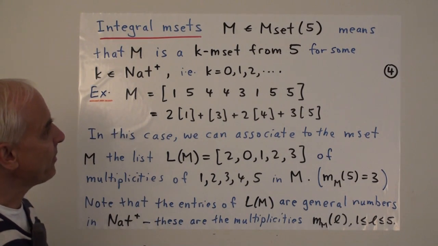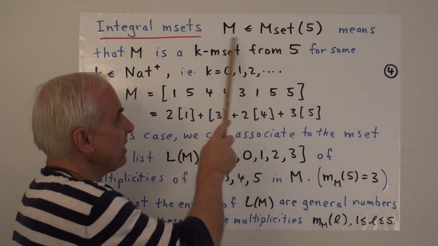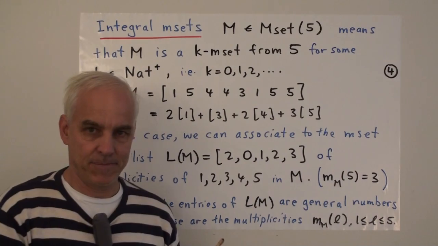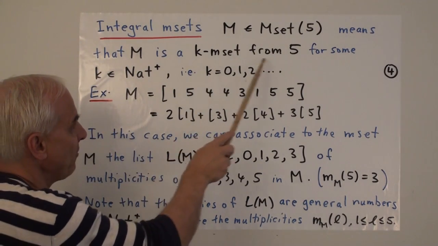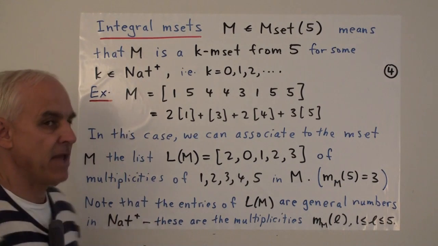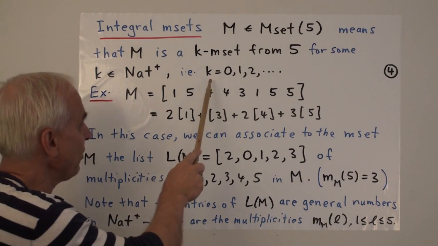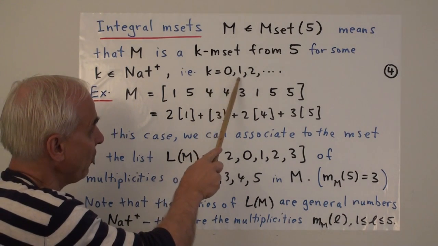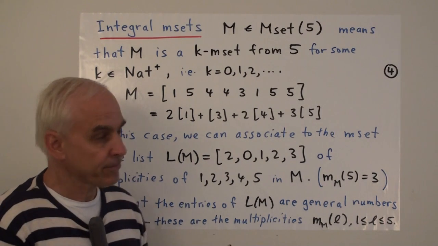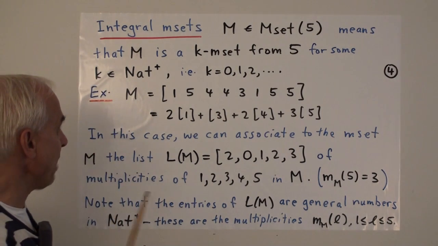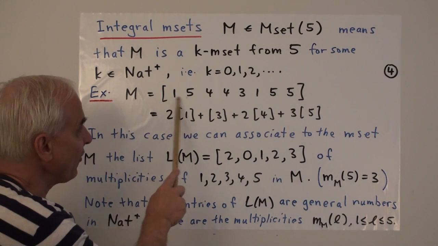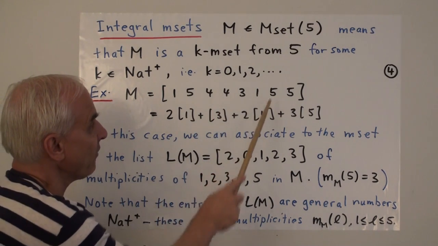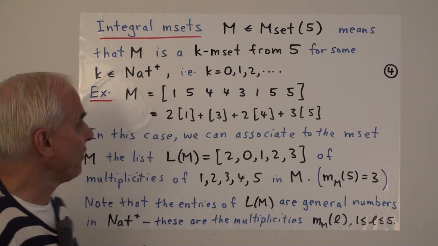Okay? So let's remind ourselves that if M is an M-set from 5, what that means is that M is a K-M-set from 5 for some K, a natural number, in other words, a number of the form 0, 1, 2, etc. For example, we're talking about an M-set whose elements are all taken from 1 through 5.